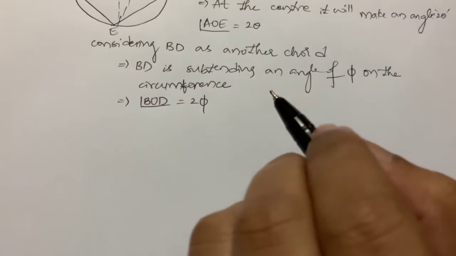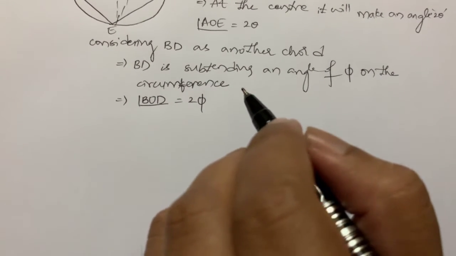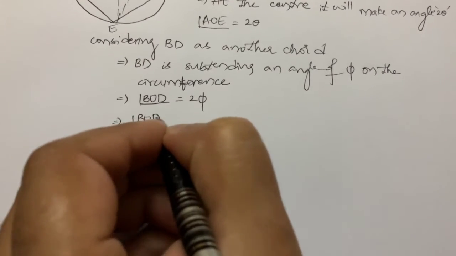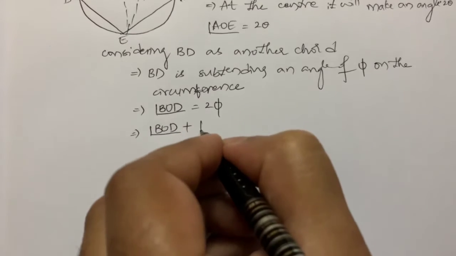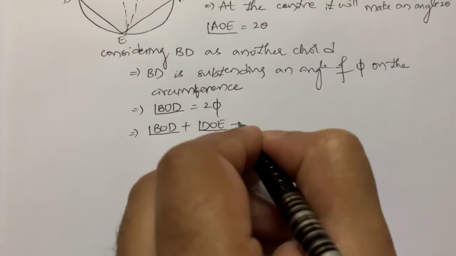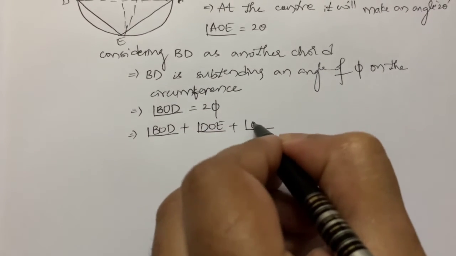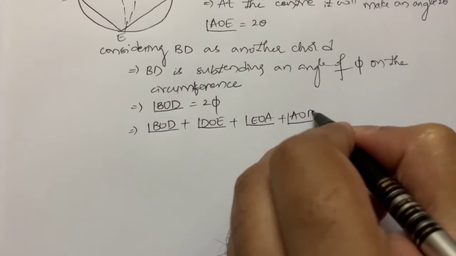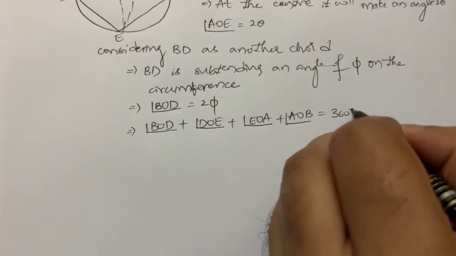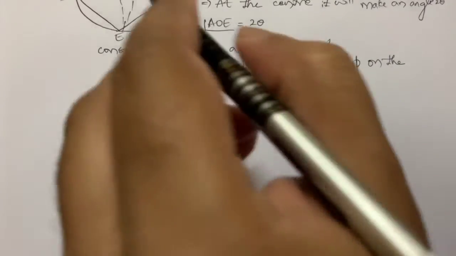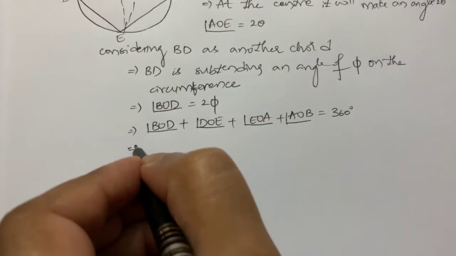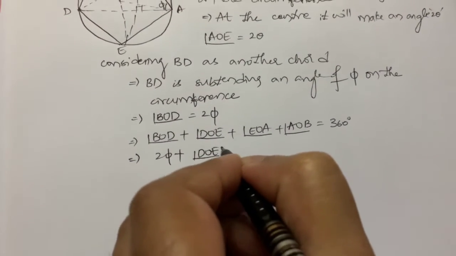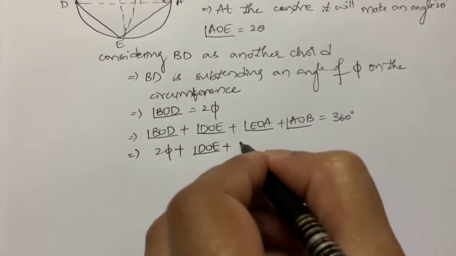So, remaining angles we want. Angle BOD plus angle DOE plus angle EOA plus angle AOB is equal to 360 degrees, because it's a full angle. Angle BOD is 2 phi, angle DOE we don't know, angle EOA is 2 theta.